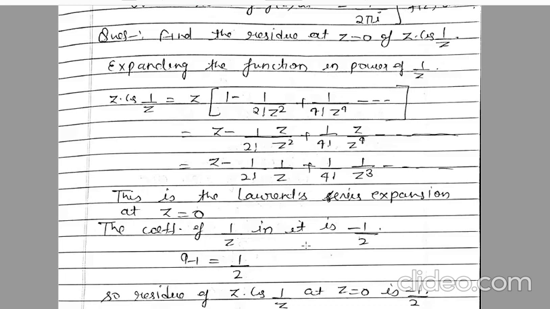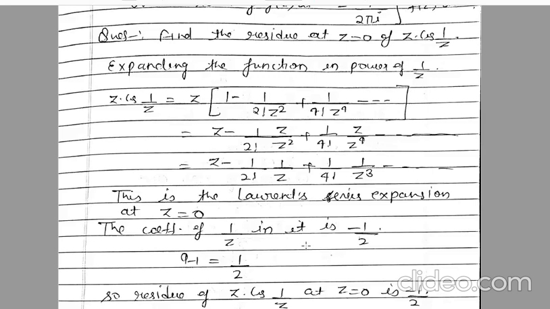There will be alternating signs: positive, negative, positive, negative, right? And cos z series is always an even term series, and it will start from 1, and sin z series is always an odd power term series, and it will start from x.